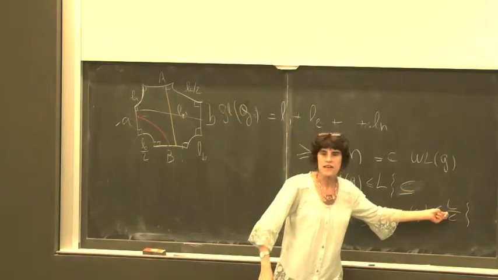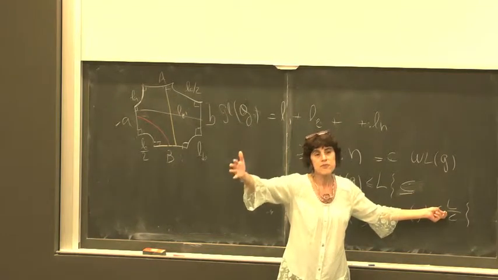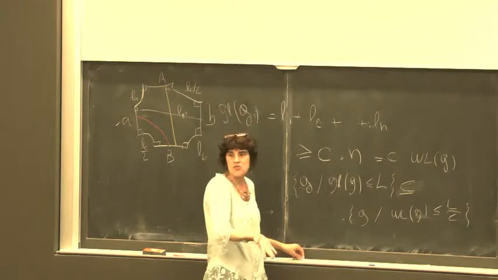I mean, if L divided by C is a decent number, my computer can go through them. And then from those, I'll pick the ones that are up to length L, and then I'm sure I'll consider them all.